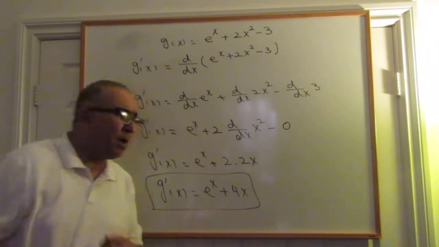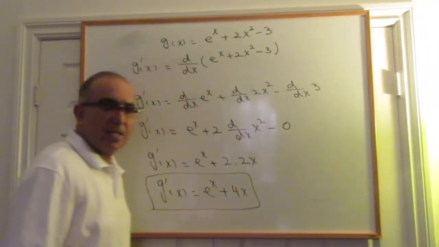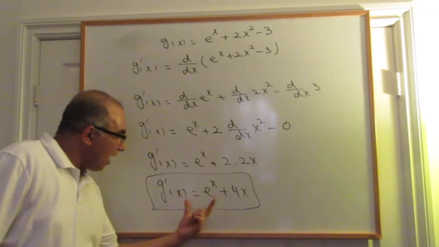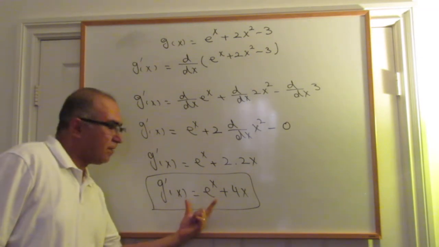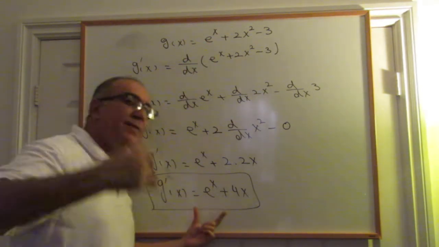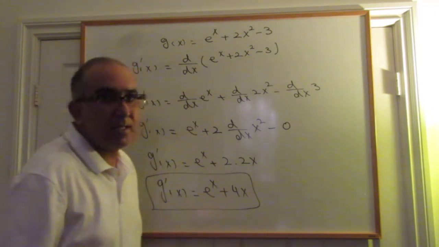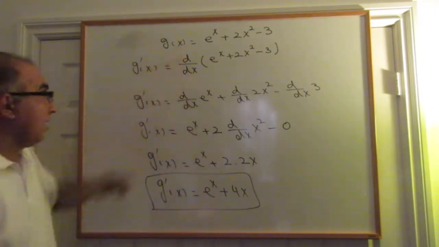For example, in part B of this problem, they are asking you to find the second derivative of this function. Now, what I do, I will use this function, which is the first derivative of the given function, and I'll take the derivative again. And I'll end up with the second derivative of the given function.